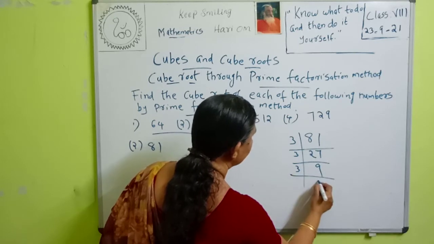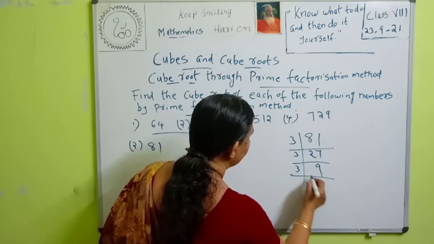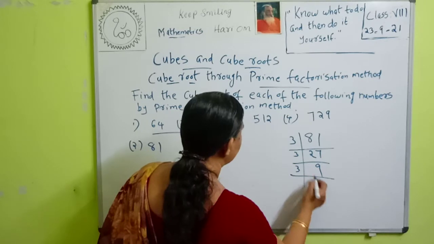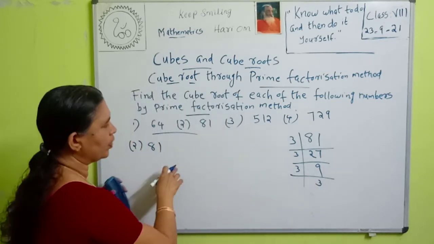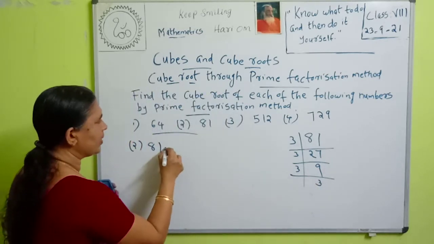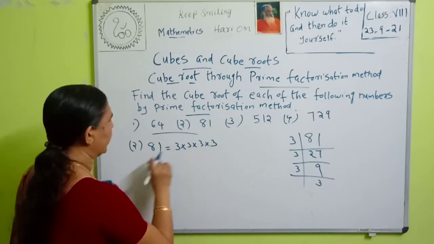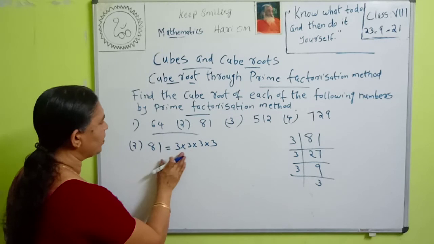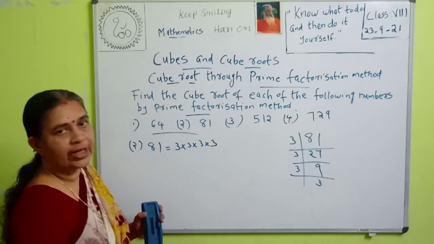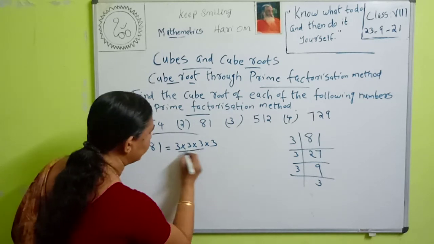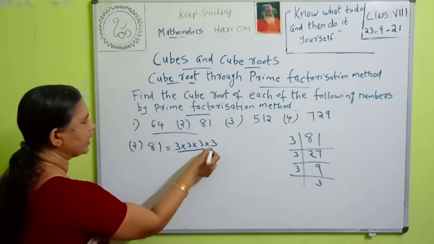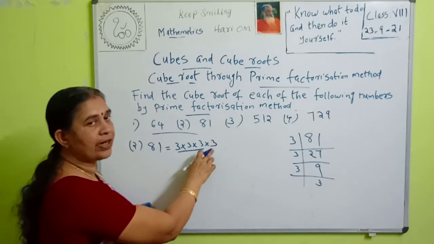Then 3 into 3 into 3 into 3. That is 81 is equal to 3 into 3 into 3 into 3. Then here one group, we can group this into triplets, but 1 three is left over here.